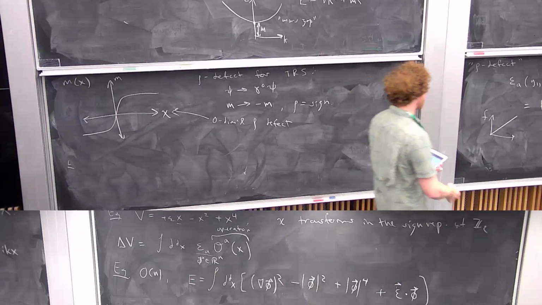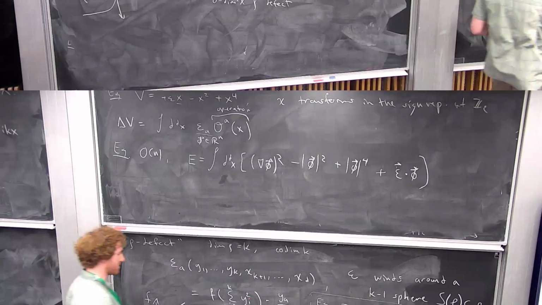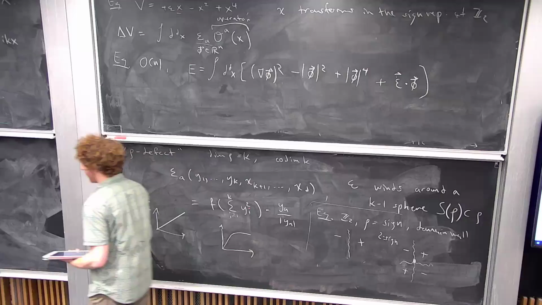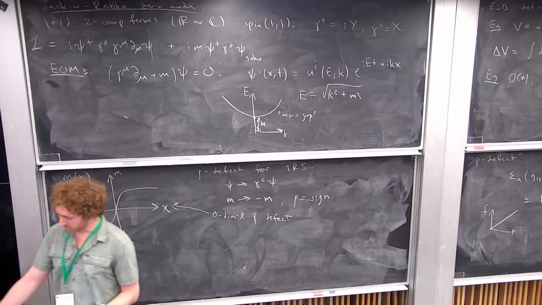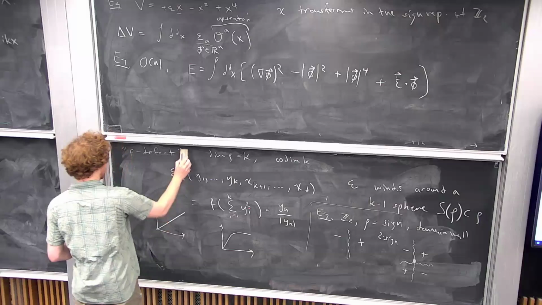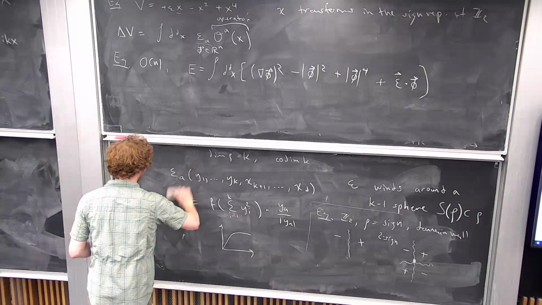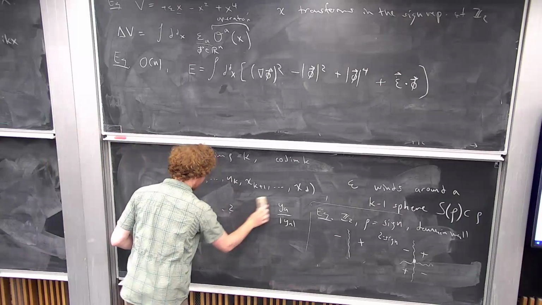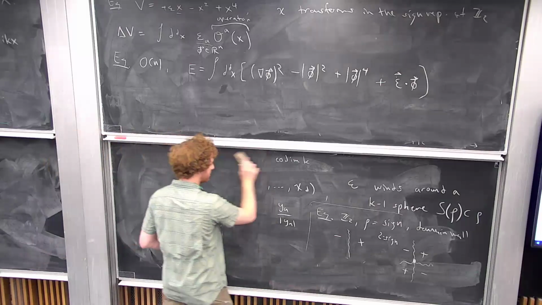If you thought about some system that had these fermions, where time reversal was spontaneously broken and coupled to this mass term, then you would have these domain walls floating around, and this row defect is just isolating one of them.